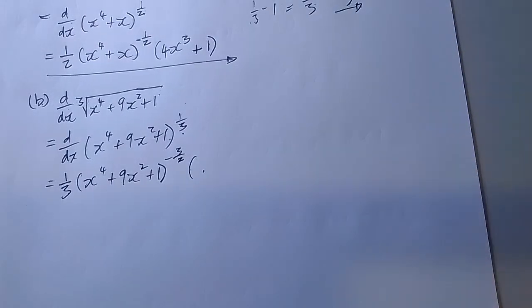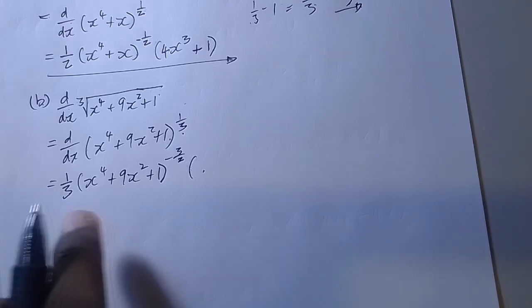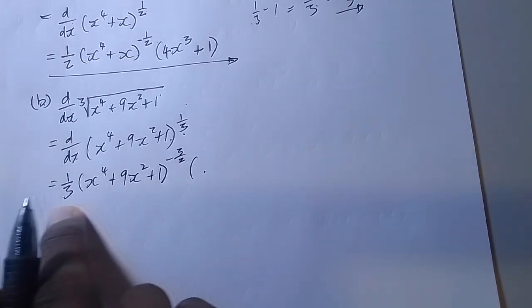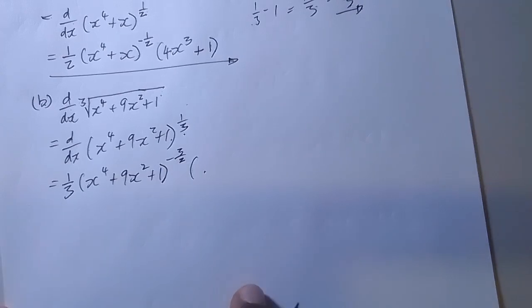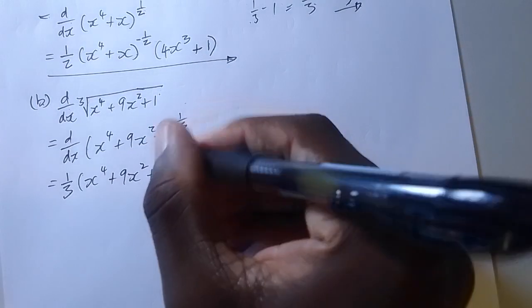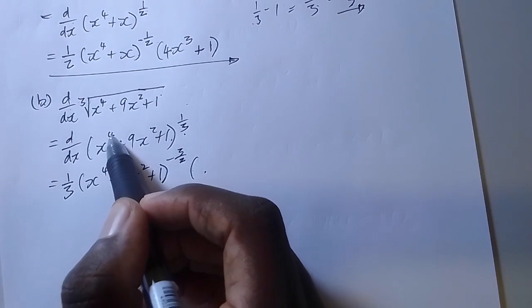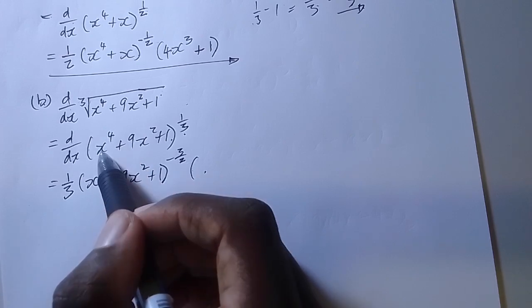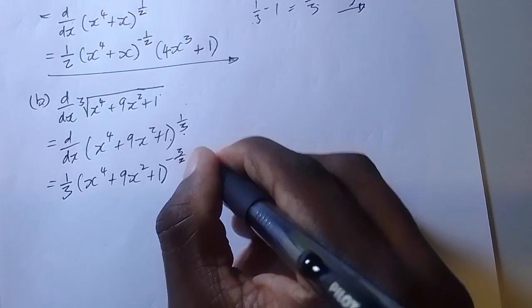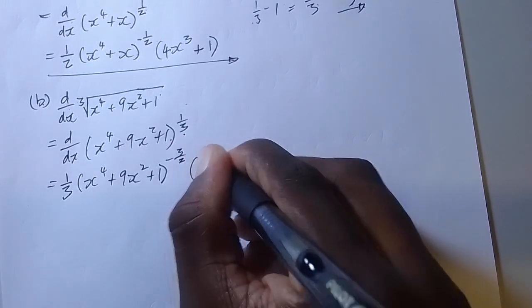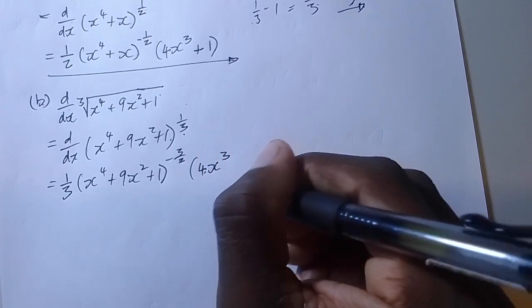And then we need to find the derivative of the inside function, right? All of this is just the derivative of the outside function. The derivative of the inside function would be the derivative of x to the fourth, which is just 4x to the third.